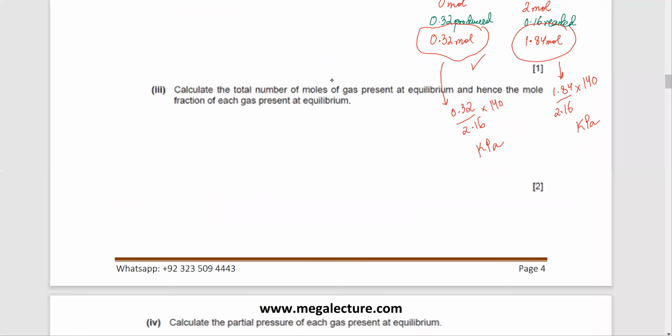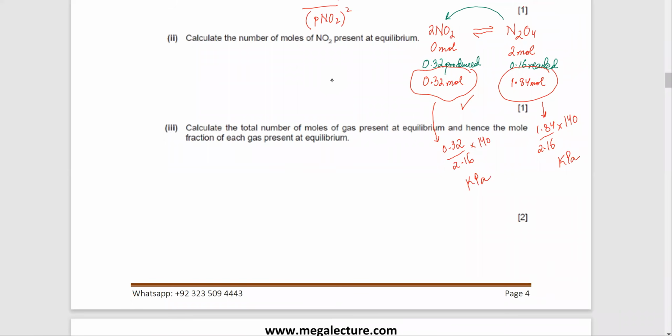So we can simply put these values in the expression that we already have with us, which is N2O4 divided by NO2 squared. So it's 1.84 divided by 2.16 into 140 kilopascals, and you're supposed to divide the whole thing by the denominator, which is NO2 squared.